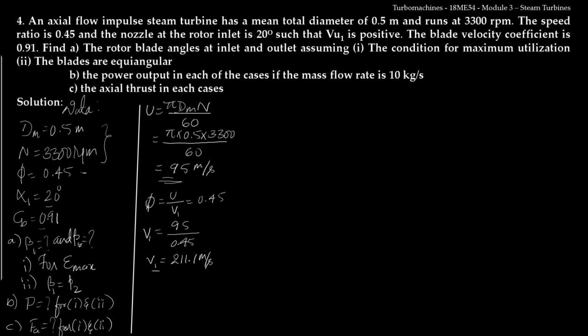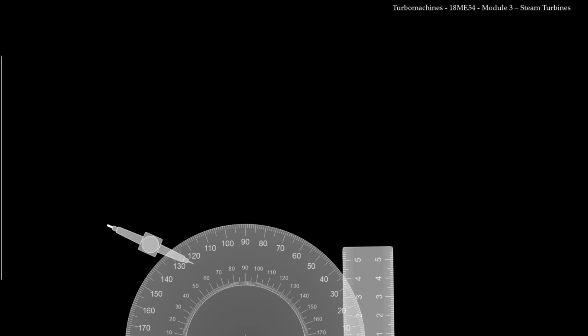I need to construct the velocity triangle for these two cases. So first we will construct the triangle for these two cases, and later we will go through the required parameters to be calculated. So to construct the velocity triangle, I will go to the next page. Here I will write all the required data first. So I need alpha 1. Alpha 1 is given as 20 degree.